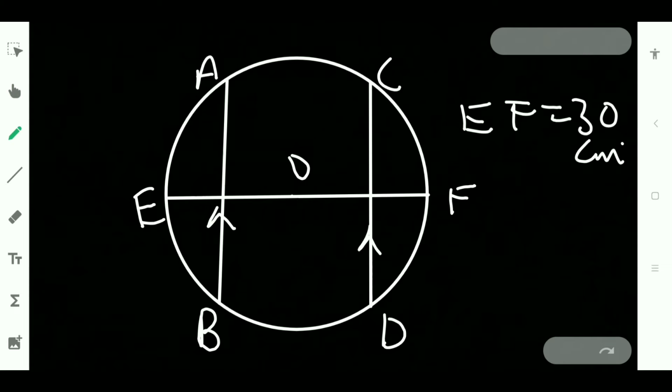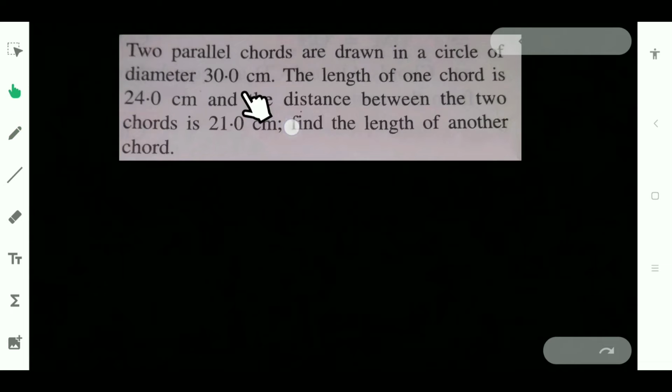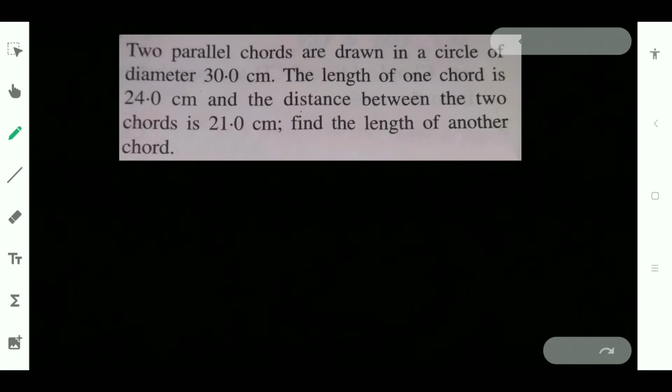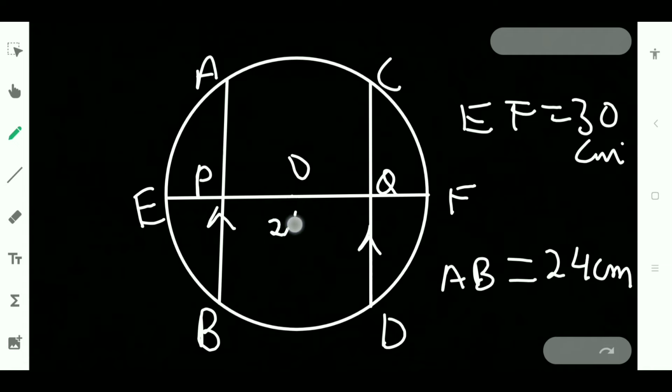Let us take AB is equal to 24 centimeter. And the distance between the two chords is 21. If we take this point as P and this point as Q, PQ is 21 centimeter.